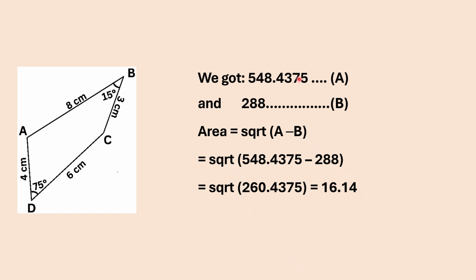We calculated result A and result B, then A minus B, and take the square root, and the answer, which is the area, is 16.14. This is the final answer.